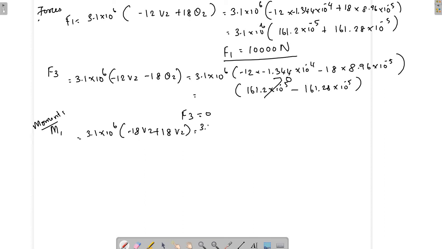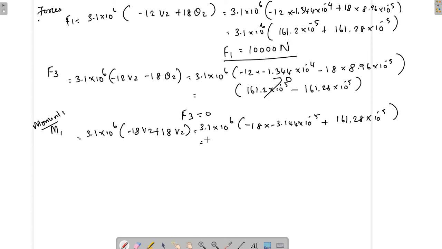So 3.1 into 10 power 6, minus 18 into minus 1.344 into 10 power minus 4, plus we know the value of 18 theta 2 from the previous step, 161.28 into 10 power minus 5.